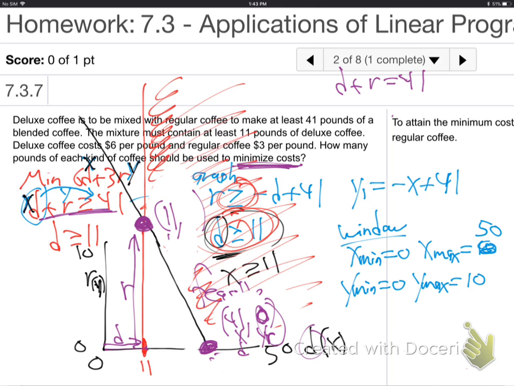And put in D as 11. 11 plus R is 41. Subtract 11 from both sides. R is 30. Over 11, up 30. That's the coordinates at that point. Everybody see what I'm doing there?